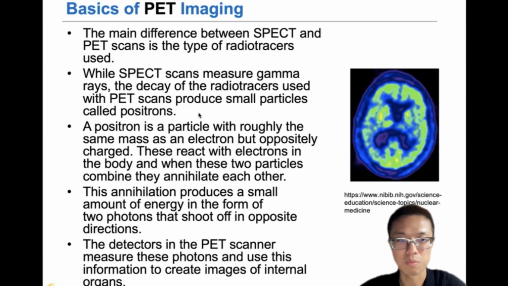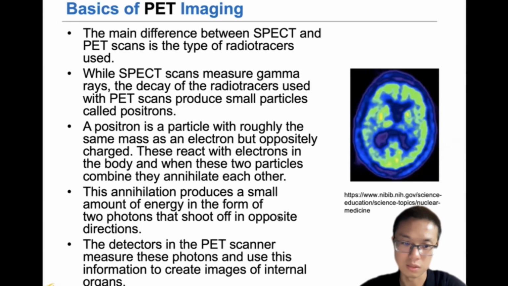It will produce small particles called positrons. A positron is a particle with roughly the same mass as the electron, but oppositely charged. These react with electrons in the body, and when these two particles combine, they annihilate each other. This procedure will generate a small amount of energy in the form of two photons.